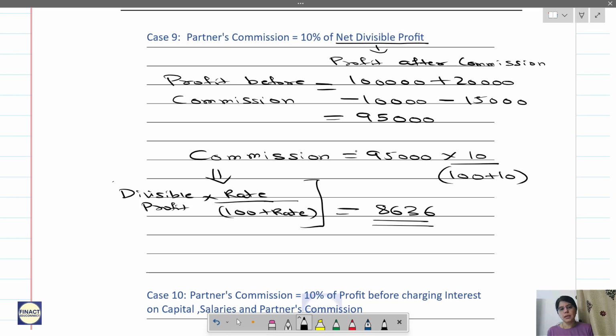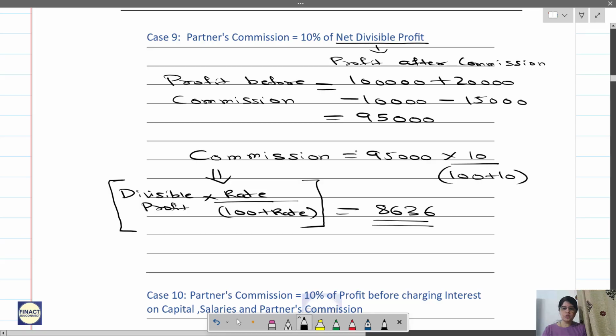This will be your formula, because you don't know the net divisible profit. So whenever you have to deduct the commission, you always take rate divided by 100 plus rate. Otherwise it will be direct: whatever percentage is given, use that percent, and the denominator will be 100. But if commission also needs to be deducted, then the denominator will be 100 plus rate.